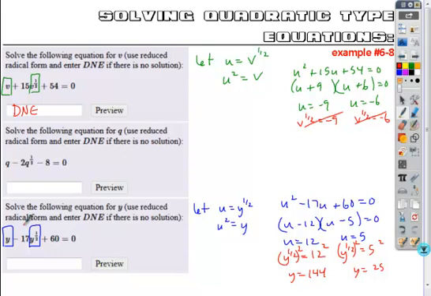So if I test, I have 144 minus 17 times the square root of 144 plus 60. If you test those, you do see that they cancel each other out. 144 is correct. Do the same thing with 25: 25 minus 17 times the square root of 25, or 5, plus 60. Once again, when you simplify, those cancel out, giving you 0. And so both of these are your remaining solutions.